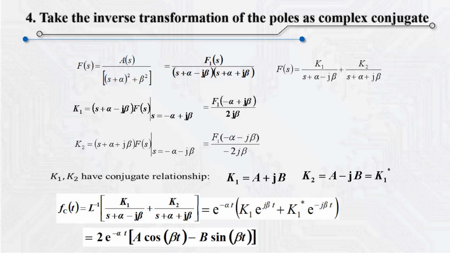We will get this formula. And then according to the Euler formula, we get f(t) equal to 2e to the power of negative alpha t times (a cosine beta t subtract b times sine beta t). This is the value when the pole is conjugate complex.